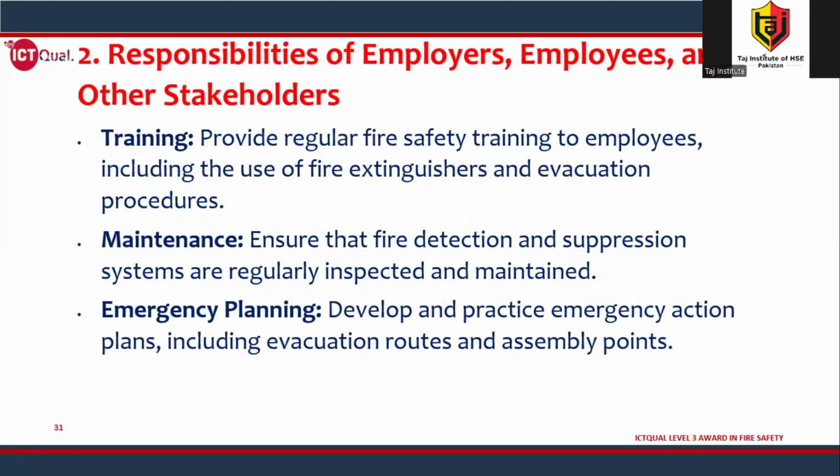We all know that maintenance is also a main thing, along with control of combustible materials. And emergency planning. So training, maintenance and emergency planning are the main things to be ready before any emergency occurs.